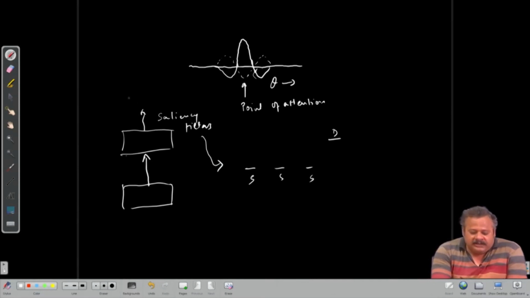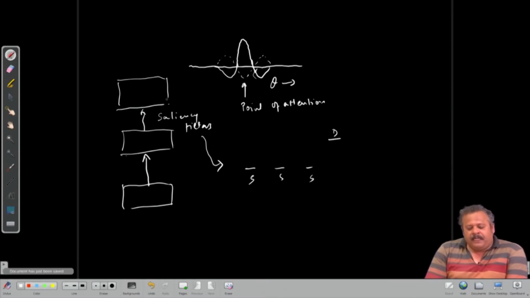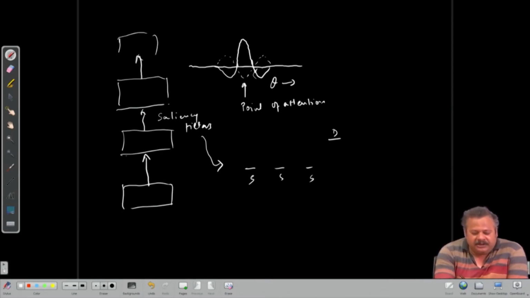From this there is some representation that is formed in the brain. This is the neural representation. This is the external world. This is the saliency filters.